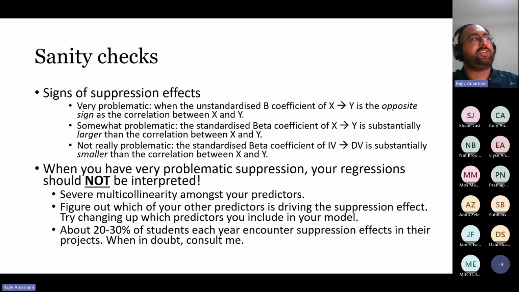But that depends on what the suppressors are and how many there are, and my own subject matter expertise. I know that this variable is not super consequential anyway, and it's being suppressed. So it doesn't particularly matter. You're going to have to make these calls on your own. I'll be there to help. But suffice to say, if you have suppression, talk to me.